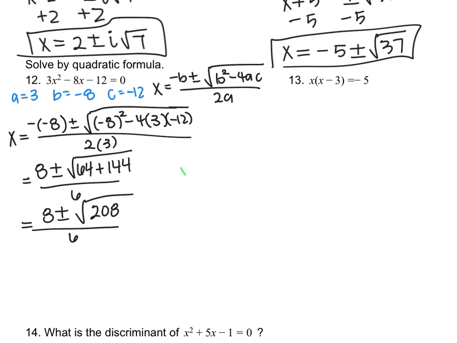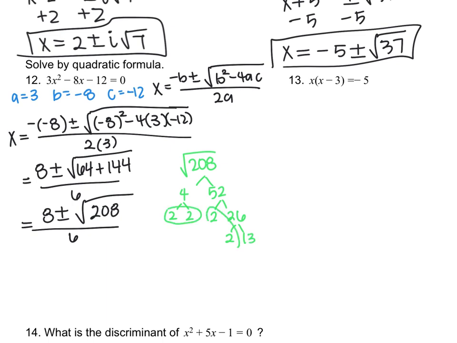Now we want to simplify our square root. So 208 is not a perfect square, but we can break it down. It is 4 times 52. 4 is 2 and 2. 52 is 2 times 26, and 26 is 2 times 13.